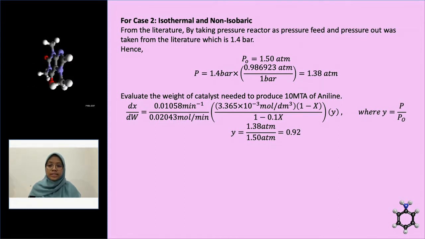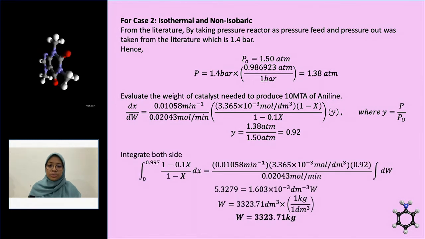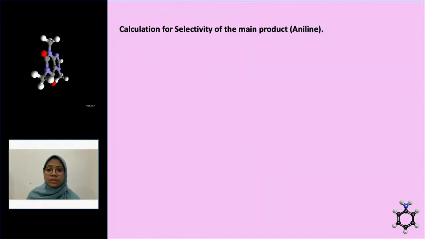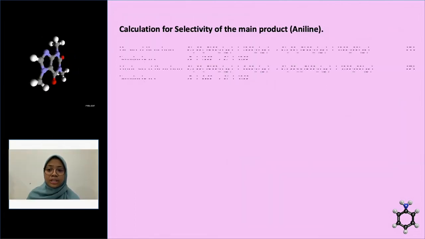We calculate Y since this is the non-isobaric case. We arrange the equations and integrate both sides to calculate the weight. Using a calculator, the weight we got for the isothermal and non-isobaric case is 3,323.71 kg.